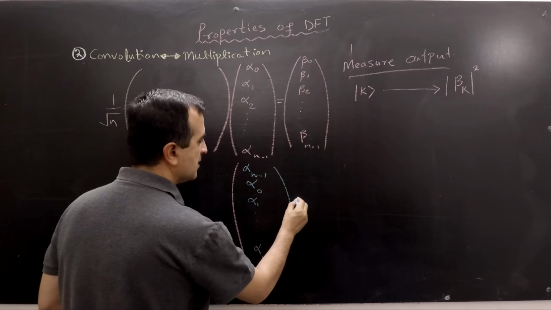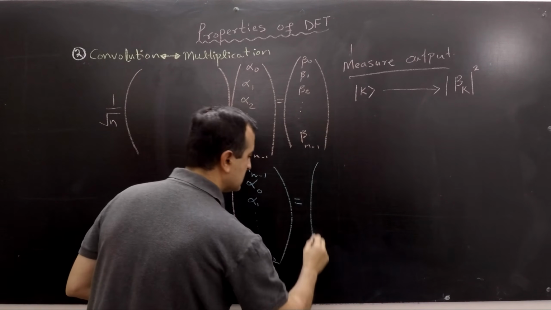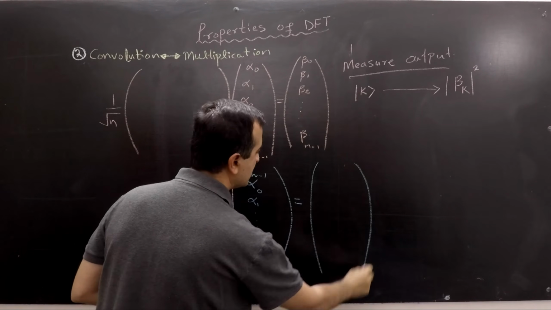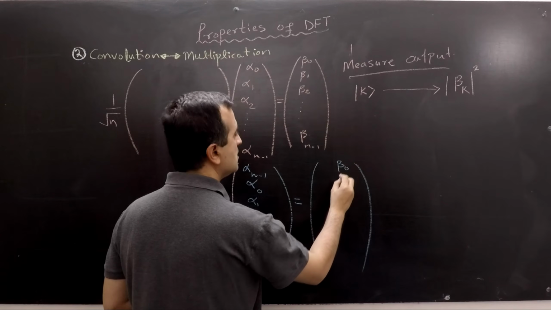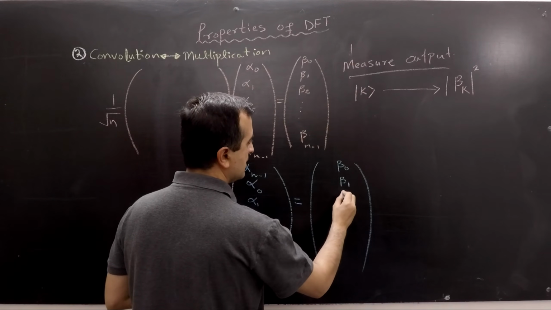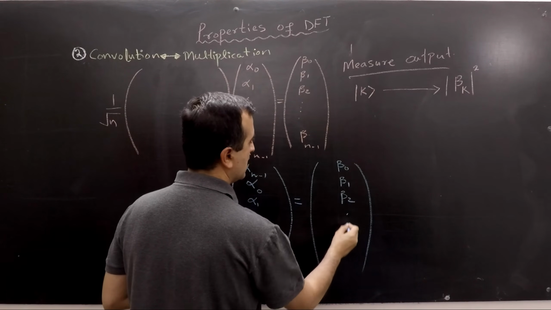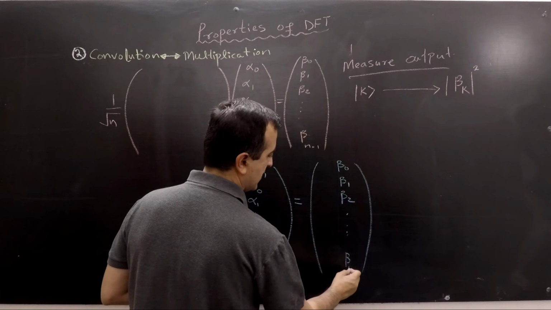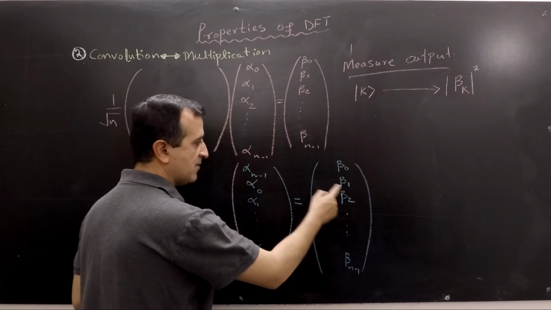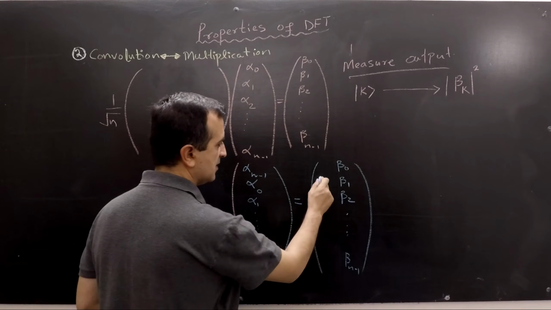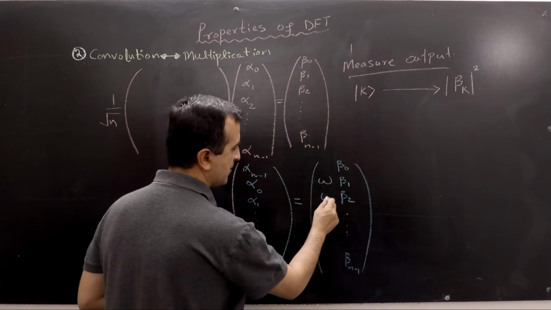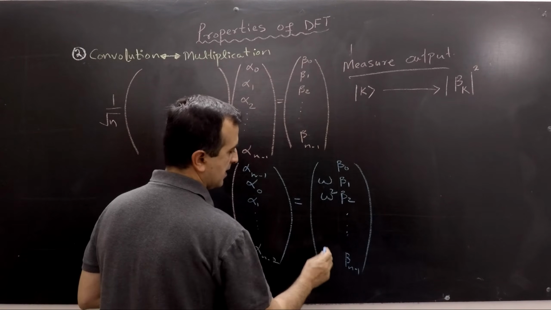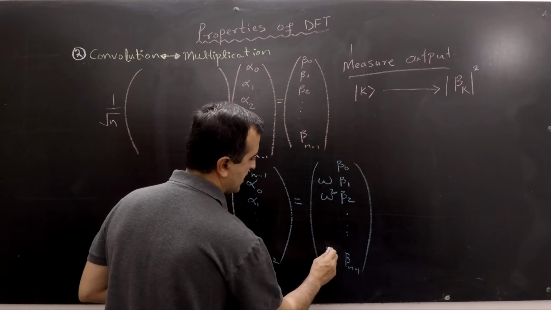In this case, my output is exactly the same but has a phase to it. So my output will once again be beta 0, beta 1, beta 2, and the last entry of the output will be beta n minus 1, but I have a phase with my output entries. The first entry will be multiplied by omega, the second entry will be multiplied by omega square, and the last entry will be multiplied by omega^(n-1).